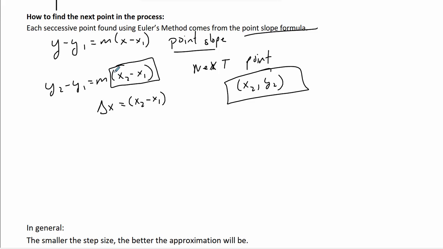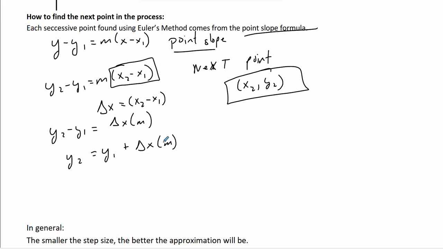That h piece. So if I rewrite this a little bit, y2 minus y sub 1 is equal to delta x times m. That's nothing new, this is just subbed in. Now I want to solve for y sub 2. I bring this over, and I get y sub 1 plus delta x times m.